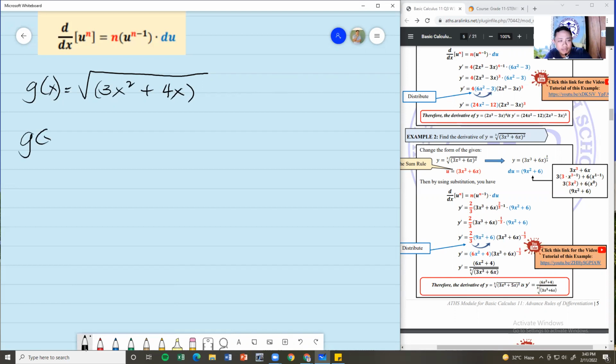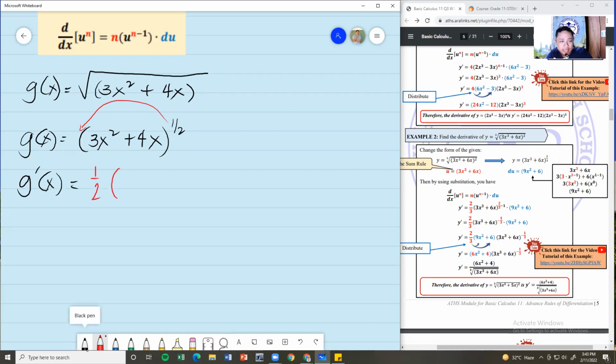We will have g of x will be equal to 3x squared plus 4x raised to 1/2. Now, this can be solved using the chain rule, or better yet, the general power rule. So we have here g prime of x will be equal to same process. Copy. That becomes 1/2.